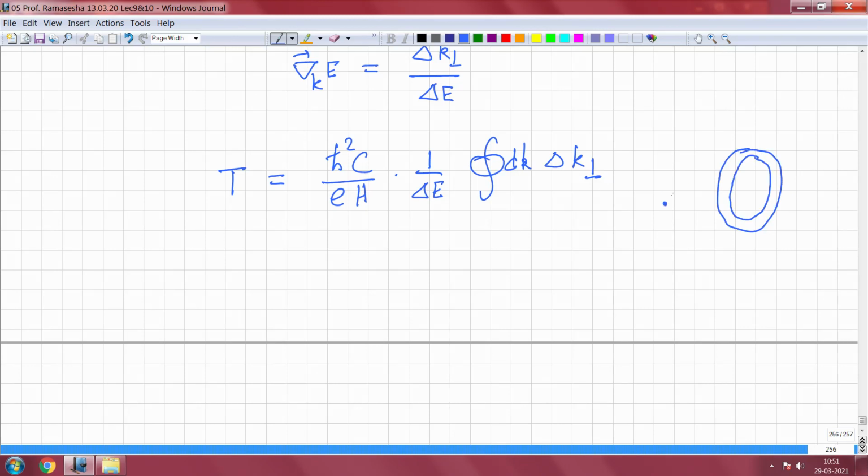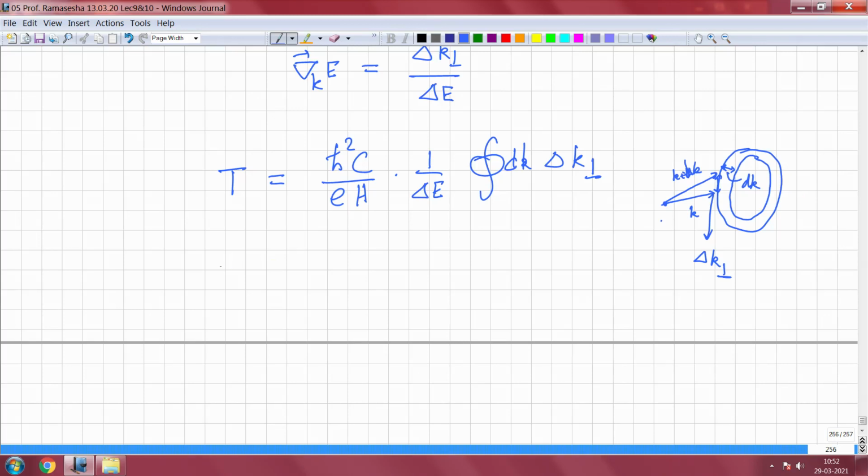So supposing I have the center here for the sphere. So this is k and this is k plus dk. So this distance is going to be delta k perpendicular, and that multiplied by dk should give you the area of the shell.